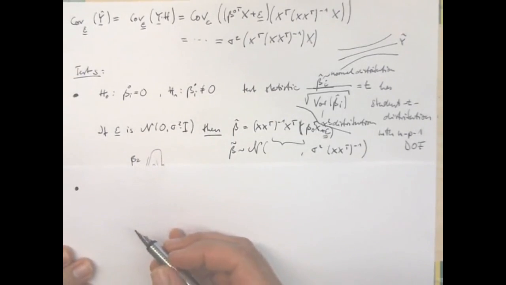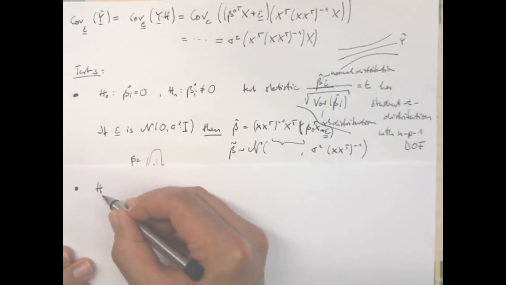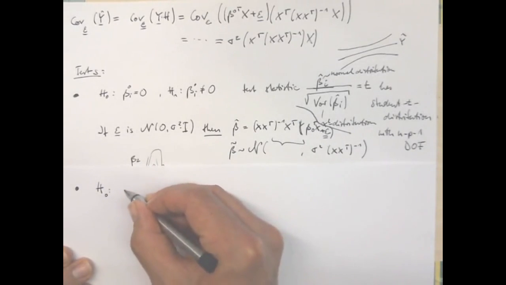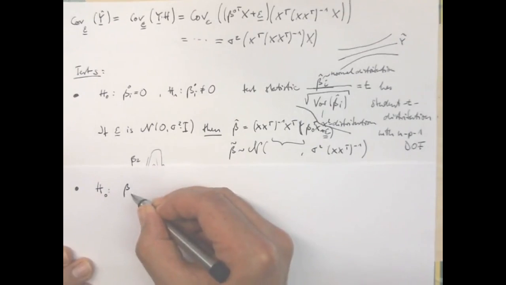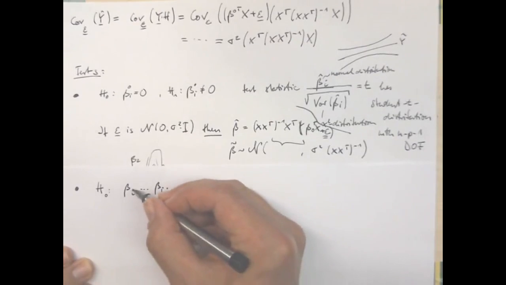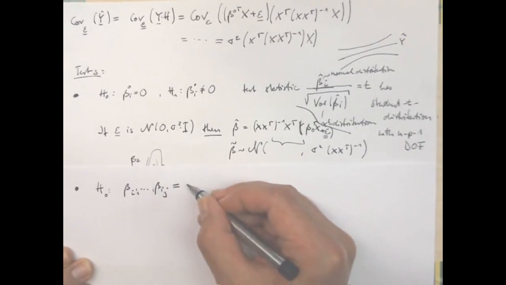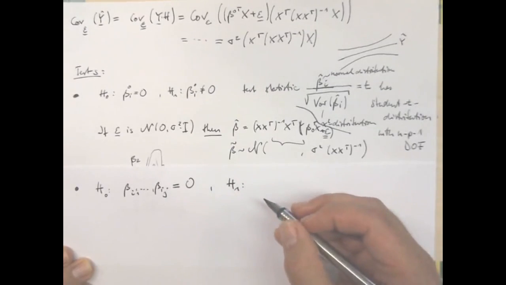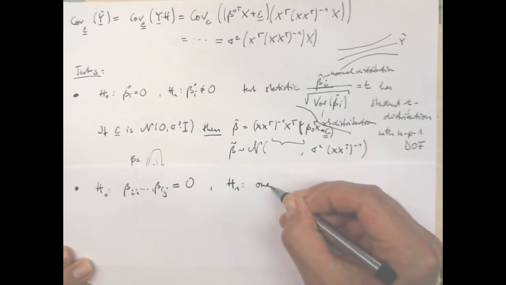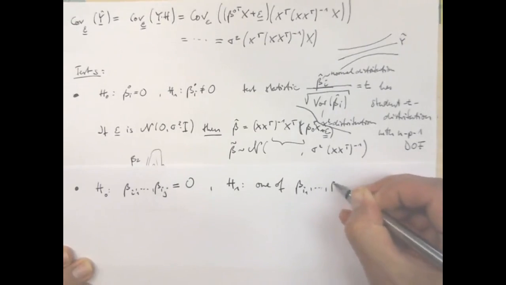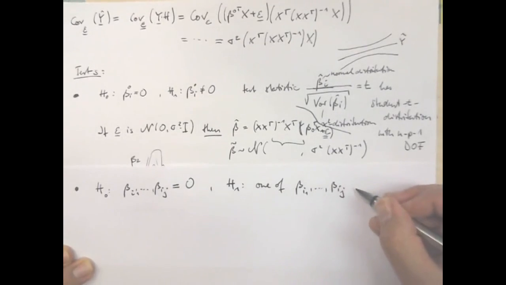And the second test, the F test, tests if all of the members of a subset are simultaneously all 0, or the alternative hypothesis is that at least one of these coefficients is not 0.